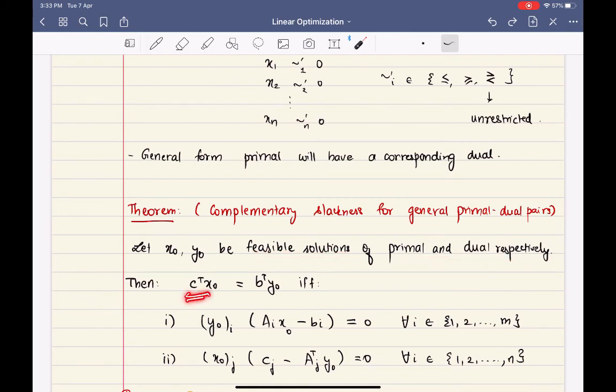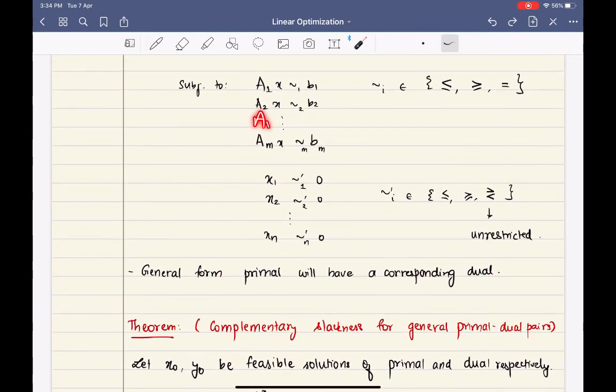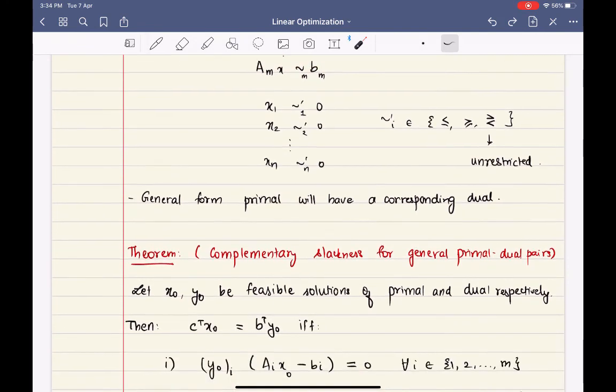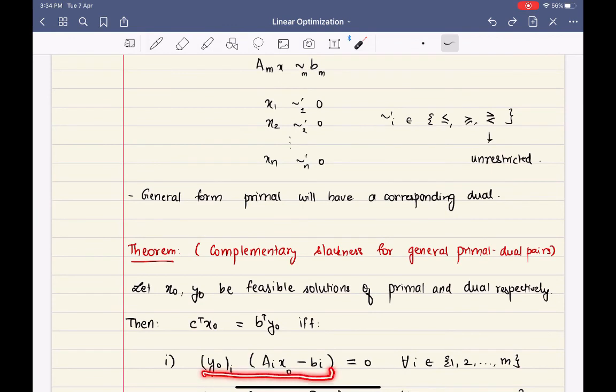Then C transpose x0 equals B transpose y0 if and only if these two conditions are true. You take the ith coordinate of the dual and multiply it with the difference between AiX and bi, which is the ith constraint of the primal. That thing should be 0 for every i.